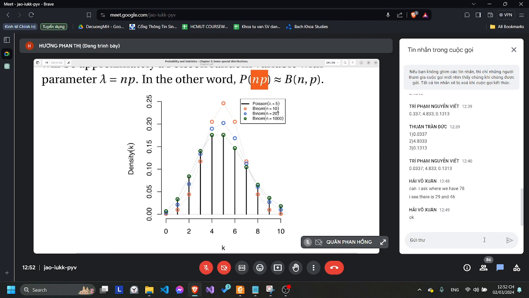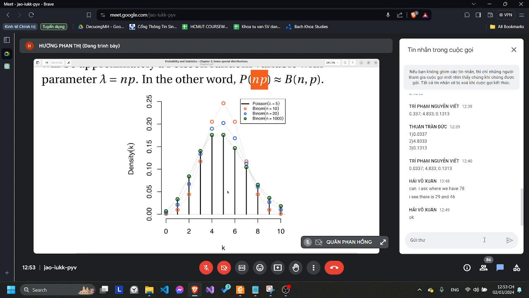If n equals 10, then p equals lambda over n, which is 5 over 10. Its probability mass function is illustrated by the small red circles. Look at the small red circles on the plot. You can see that they stay far from the vertical black bars.